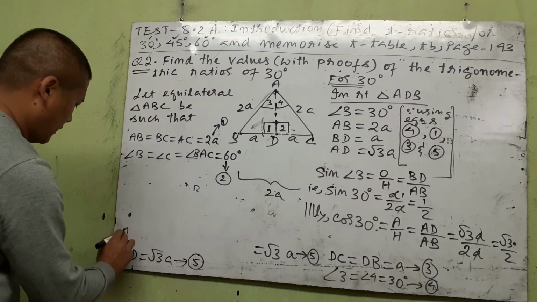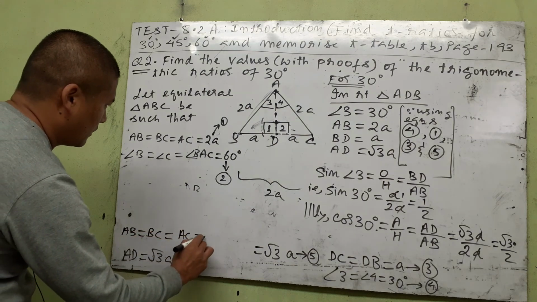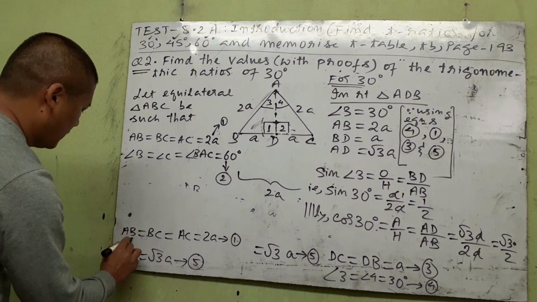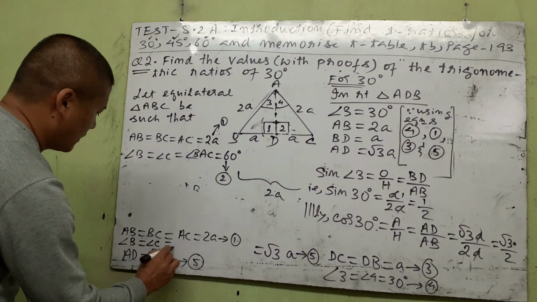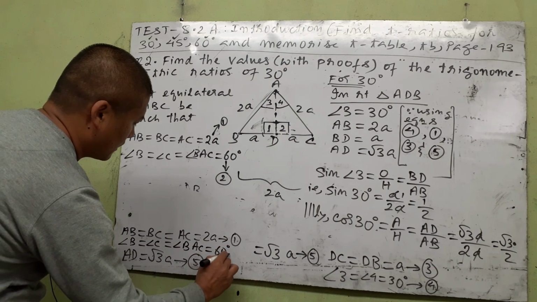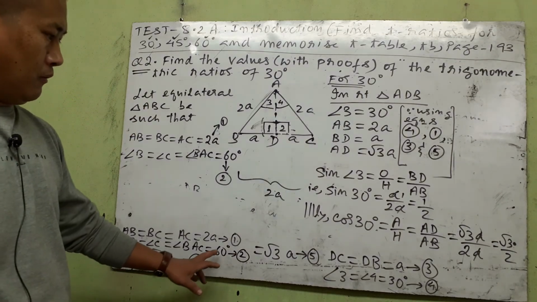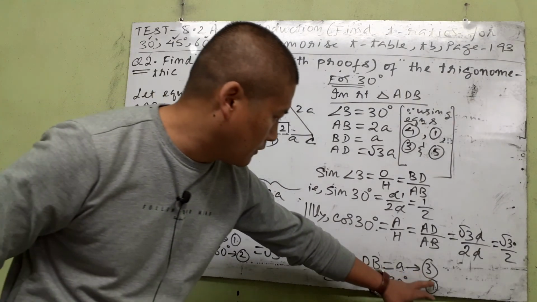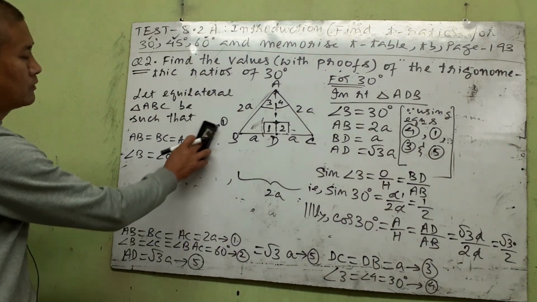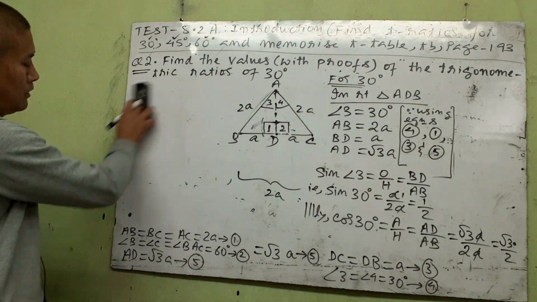AB equal to BC equal to AC equal to 2a, equation number 1. And here angle B equal to angle C equal to angle BAC equal to 60 degree, equation number 2. Then equation number 3, 4, and 5. So we can wrap. No need to write that, you have already written. We can have space here now to do the rest.